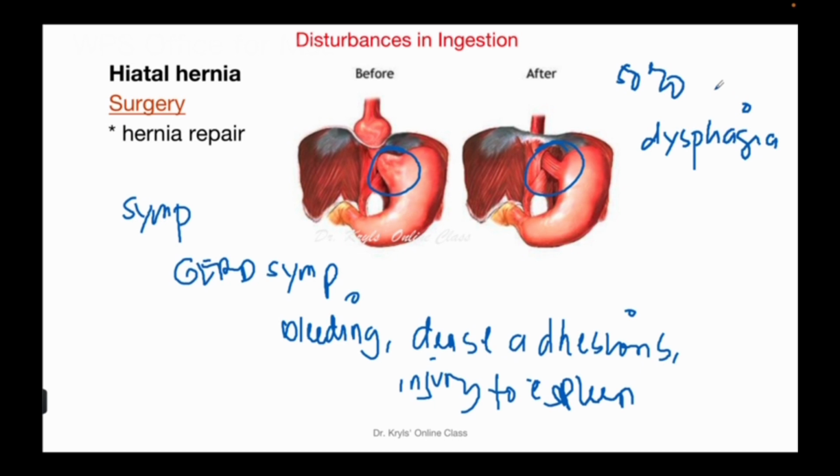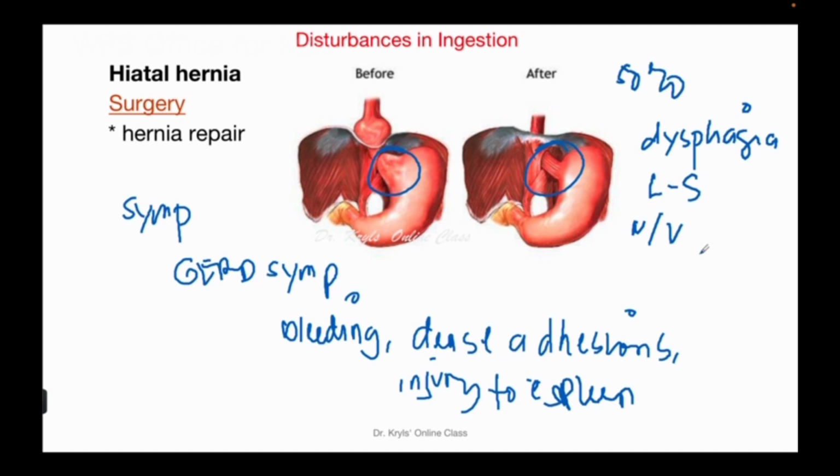Therefore, tayong nurses, we need to advance the diet slowly from liquid to solids. Okay? While, mga tayo dito superhero tayo dito, while managing the nausea and vomiting. And we need also to track the nutritional intake of the patient. And we need to monitor the weight of the patient.